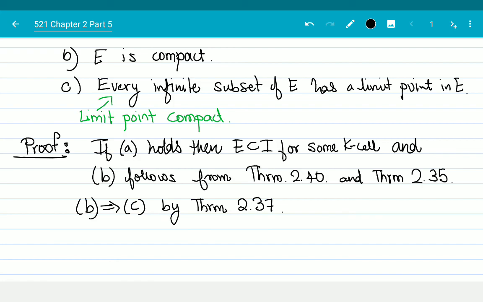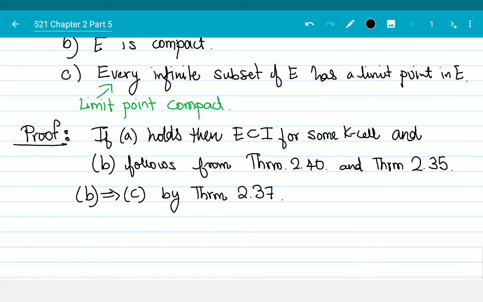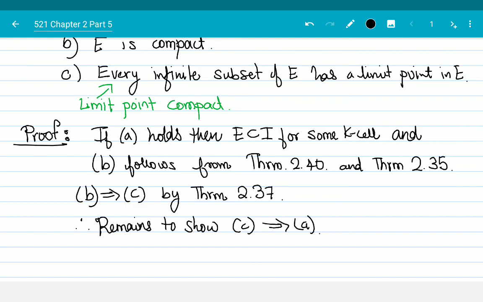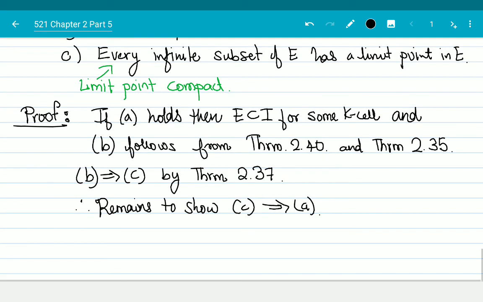Okay, so therefore it remains to show that C implies A. So we want to show that if every infinite subset of E has a limit point, then E is actually closed and E is actually bounded. Okay, showing bounded is relatively easy.